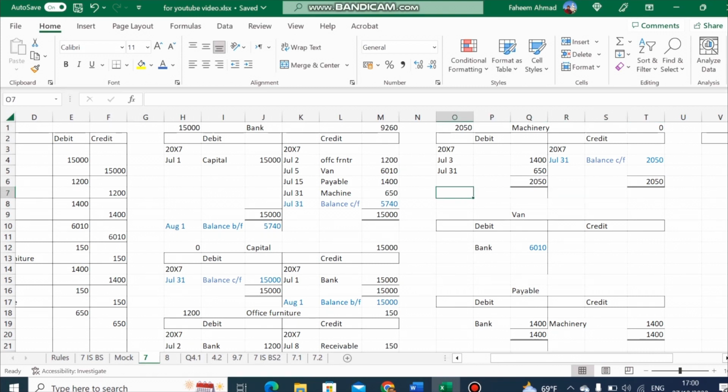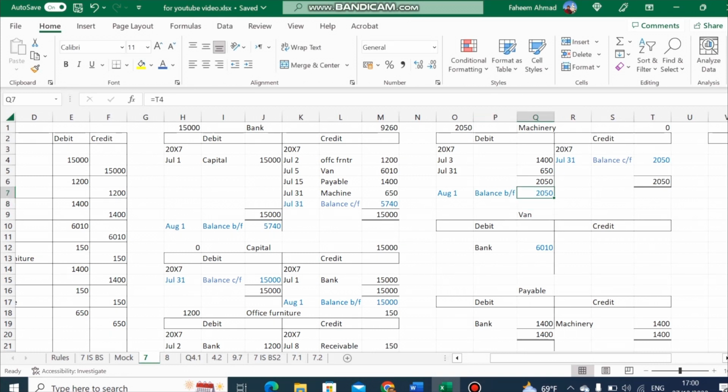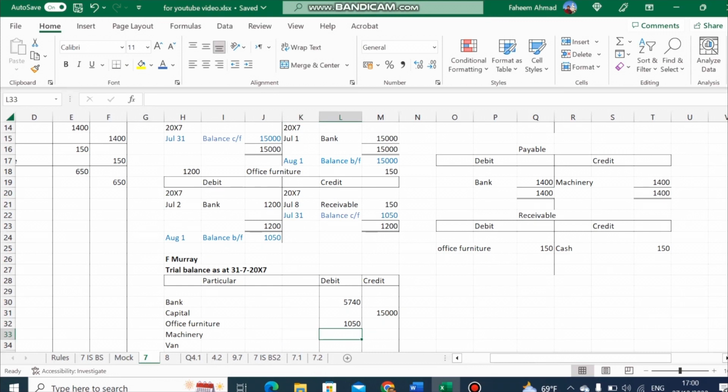And after that, we will calculate this balance carried down. So machinery balance brought forward, opening balance for August will be 2050. So machinery, I'm gonna write here 2050.